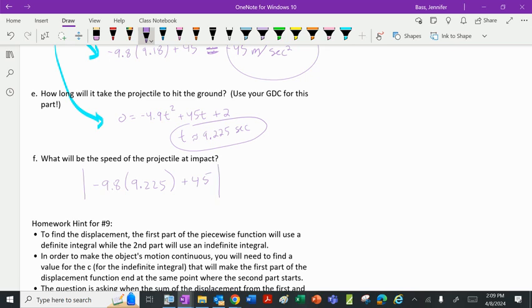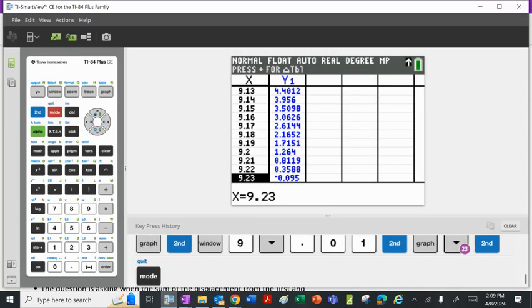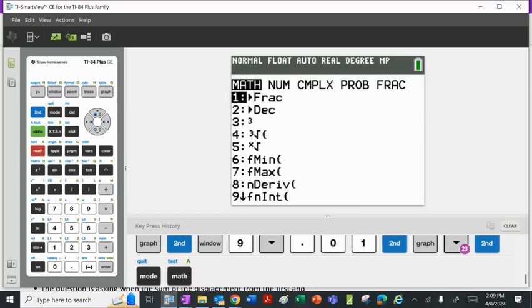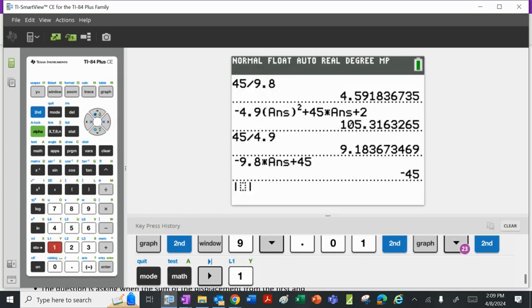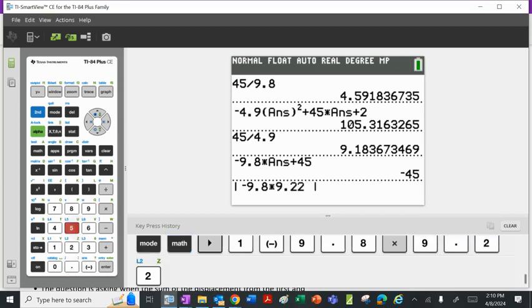So the absolute value of that. Okay, we're going to exit out of here. We're going into math, number. Absolute value is the first one. And that's negative 9.8 times 9.225, and we're adding 45 to that.